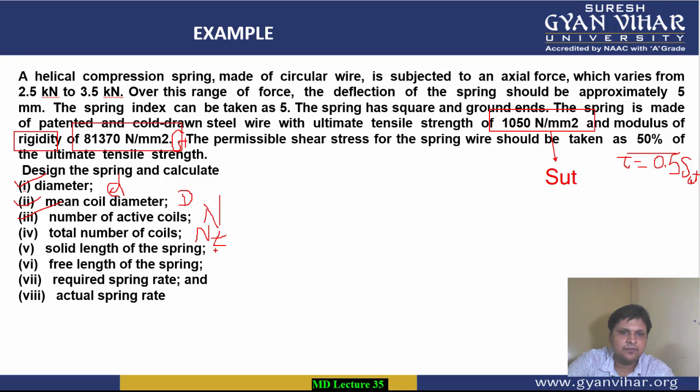Then solid length and free length of the spring we will calculate, and then the required spring rate and at last the actual spring rate. So two types of spring rate we have to calculate.